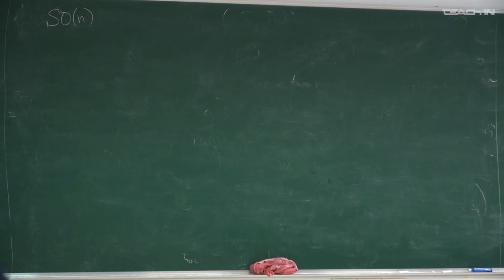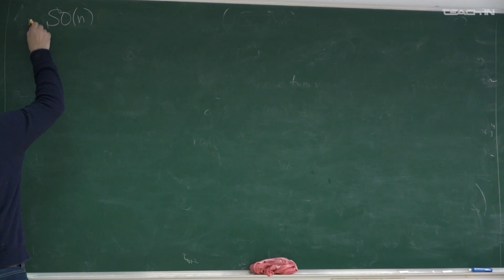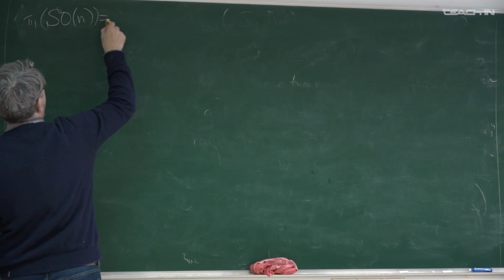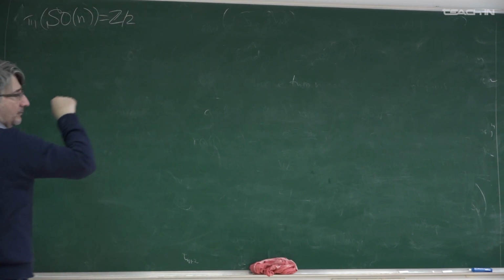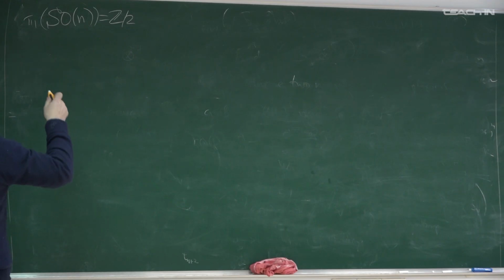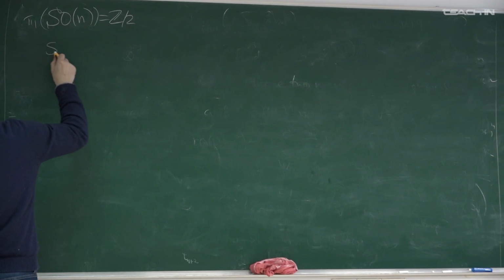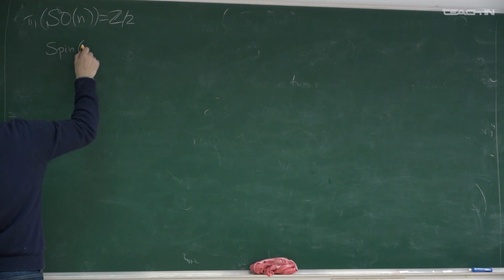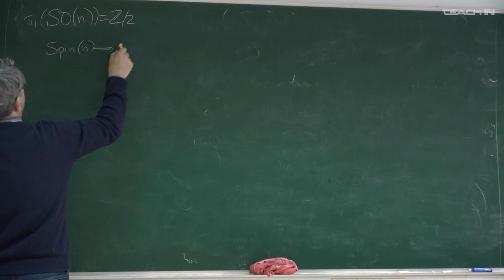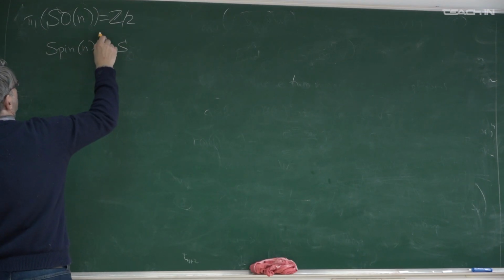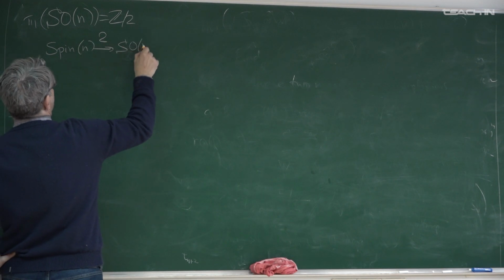Okay, let us speak about the special orthogonal group. I guess that everybody knows that this is a non-simply connected space. The fundamental group of this guy is equal to Z2. Yes? So there should be a group which is denoted by Spin n, which gives us a twofold covering of this space.